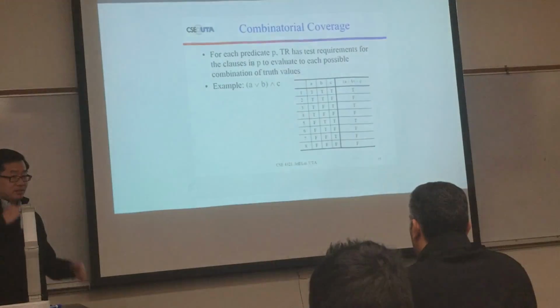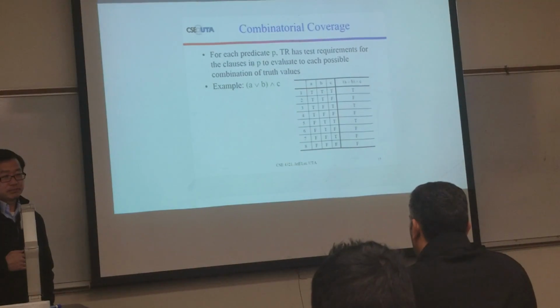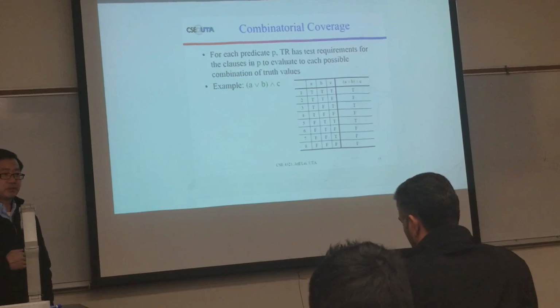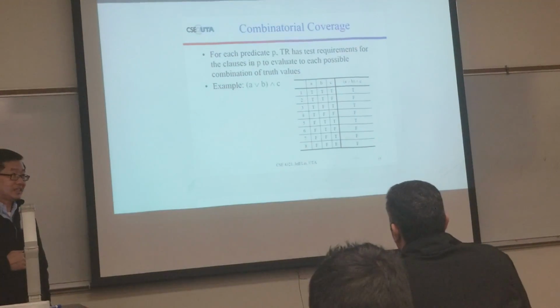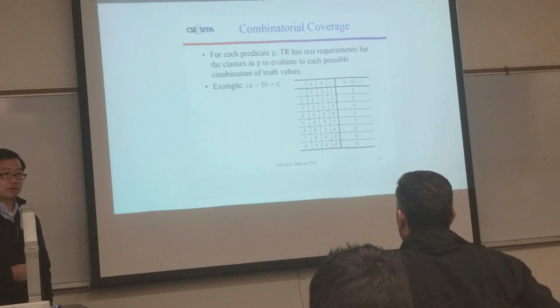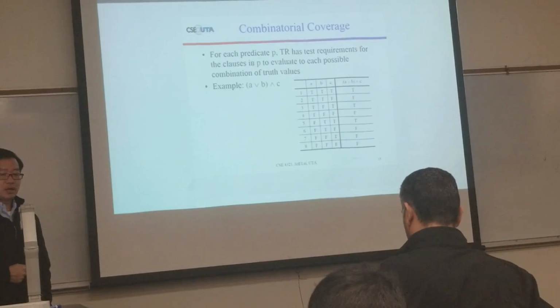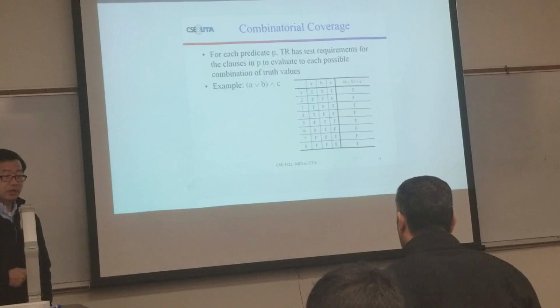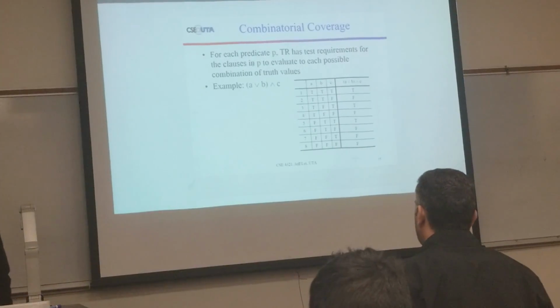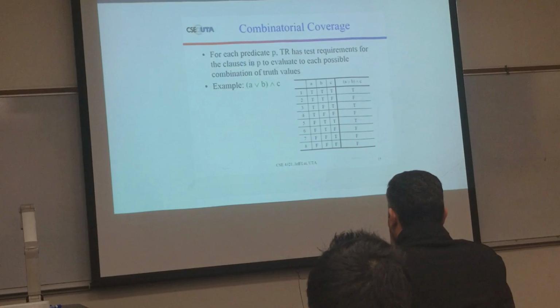So you have to find some way. Remember the basic idea is that you have to make a trade-off, make a balance. You want to detect as many bugs as possible within the amount of resources that you have.